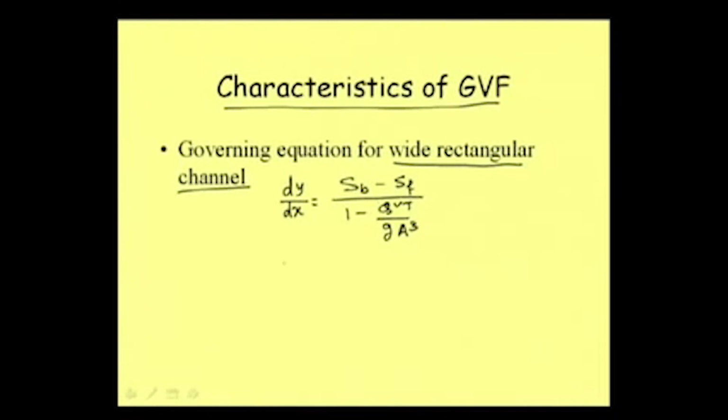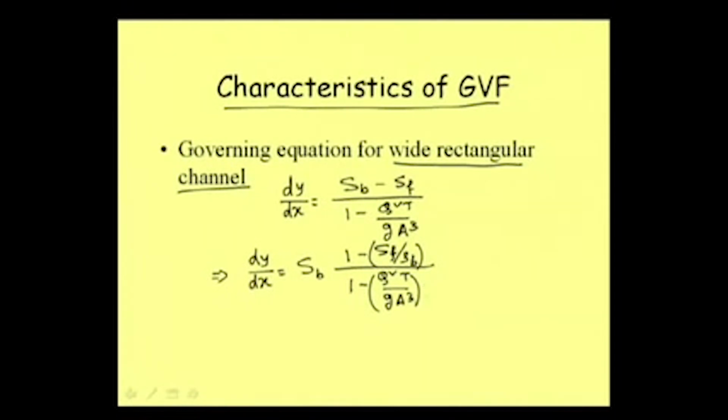This expression we can write as, this implies, dy/dx is equal to, if we bring SB common here, SB into (1 minus SF by SB) divided by (1 minus Q squared T by g A cubed).